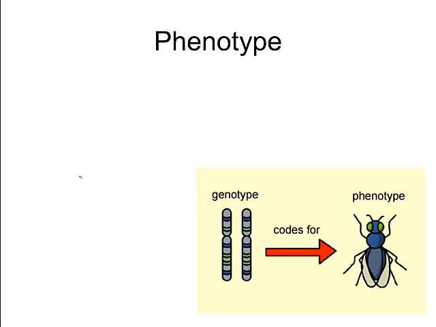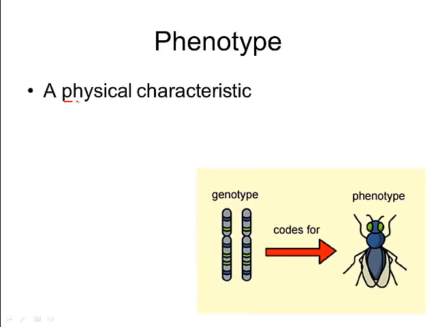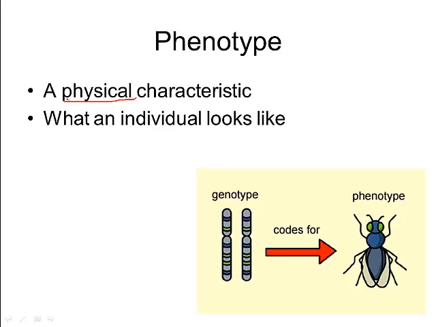Okay, in contrast to that is the phenotype. The phenotype is the physical characteristic, and a lot of times I'll remember pheno and physical both start with PH. So this is basically what an individual is going to look like. That is your phenotype. So in this case, big T big T, and big T little t are tall. So the phenotype is tall.